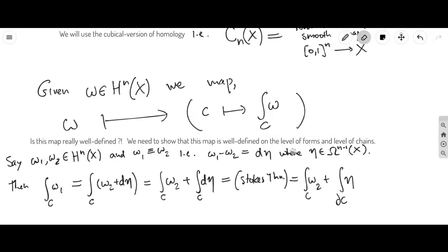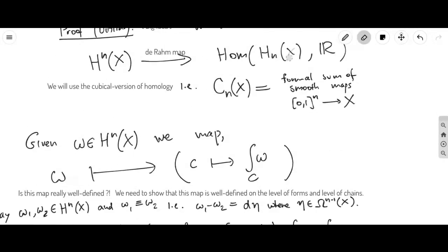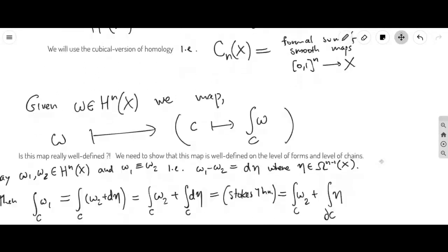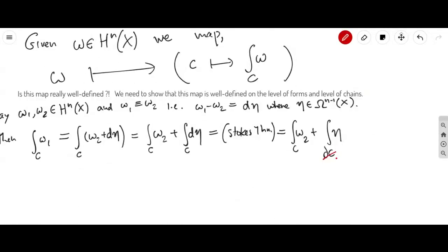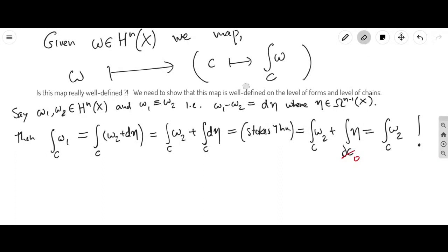But what do we know about c? C is a cycle. C is, in the homology, it's a cycle. So this is just 0. You're integrating over the empty chain. So this is just the integral over omega 2. Look at that, they're equal. So it is well defined. It is indeed well defined on forms.